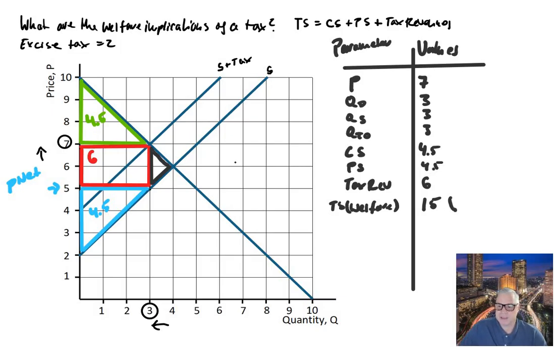So we must have again a deadweight loss of -1. And the deadweight loss is this black triangle here. That used to be consumer surplus and producer surplus, but that's all lost now.